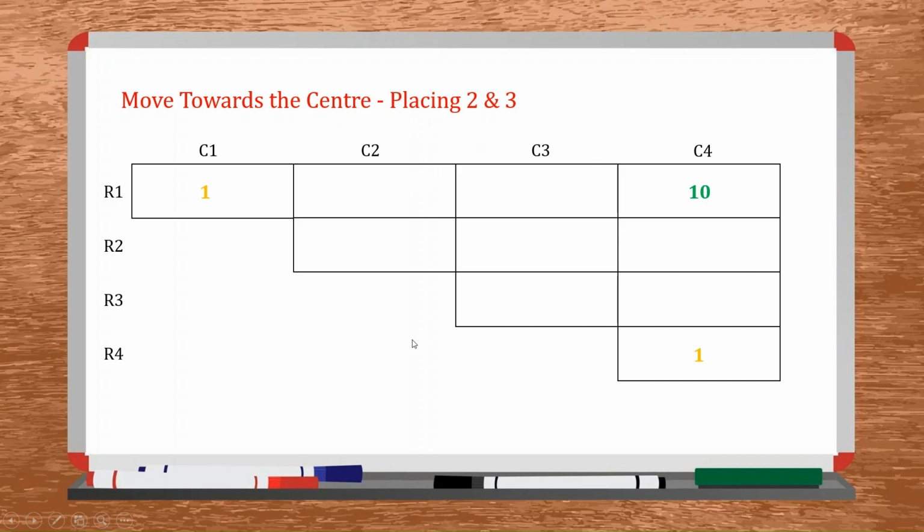So, imagine the situation. If I'm placing 9 now, where can I place 9? I can place 9 either at the third slot of R1 or the second slot of C4, because I don't have any numbers greater than 9 which can be placed in slots before that one. If I place that there, then I have multiple other points, for example, 4 and 6.